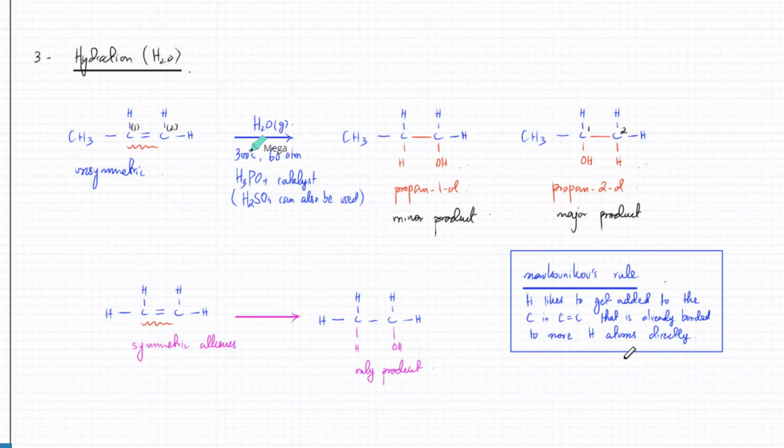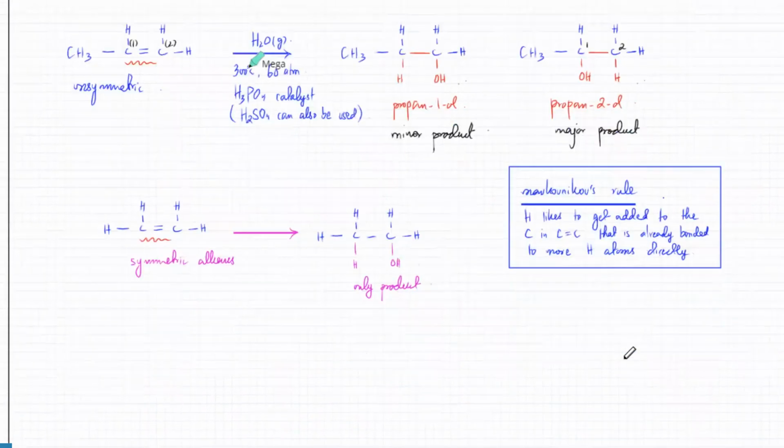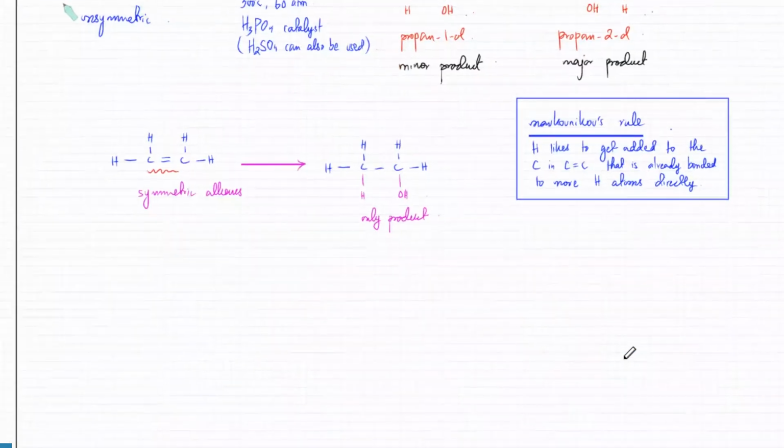Okay. Now the fourth one. Let's finish this. The fourth one is hydrogen halides.